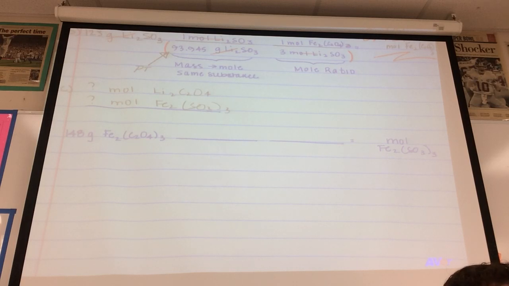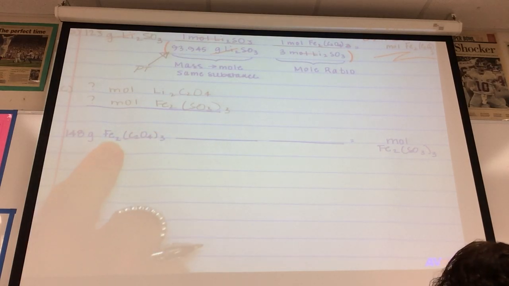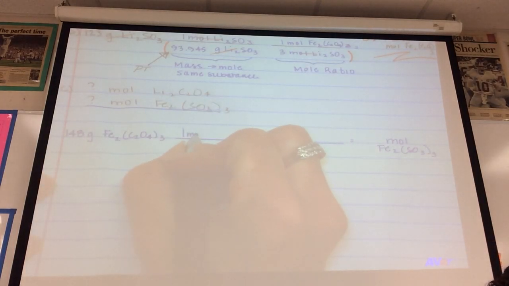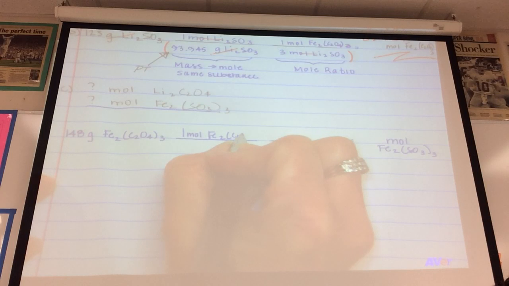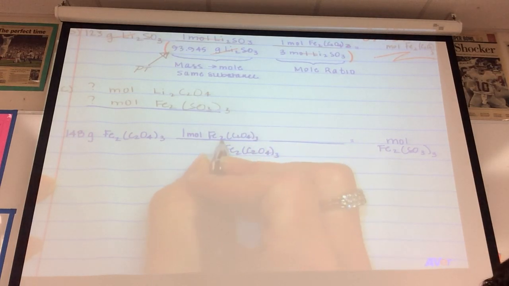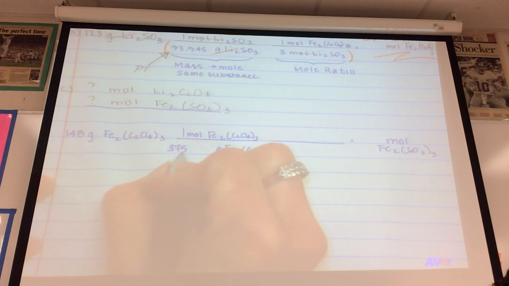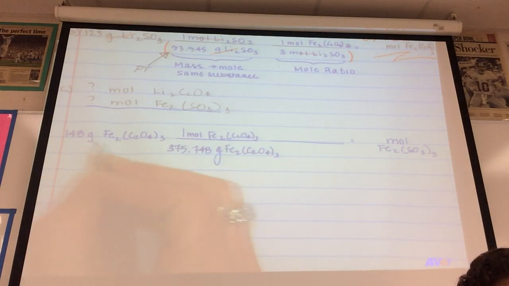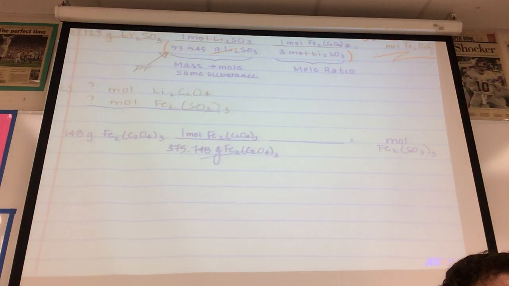How are we going to get there? What's the first thing we need to do? Convert mass to moles of the same substance. 1 mole of anything is equal to the mass in grams off the periodic table. Once we're at moles of one substance and we want to get to moles of the other substance, what do we do?